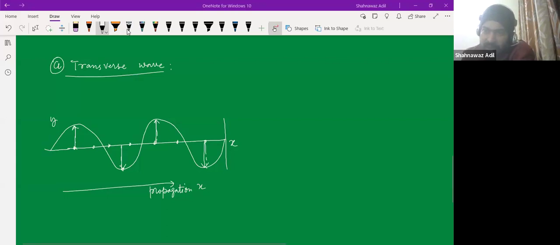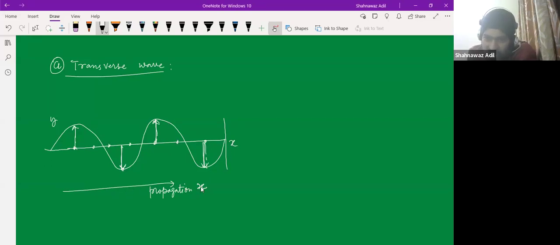Yeah, so did you guys understand this part? So we are moving the rope in this way, but the propagation of the wave is moving in this way, right? So this is how the particles are moving, and this is how the wave of the rope is, right?